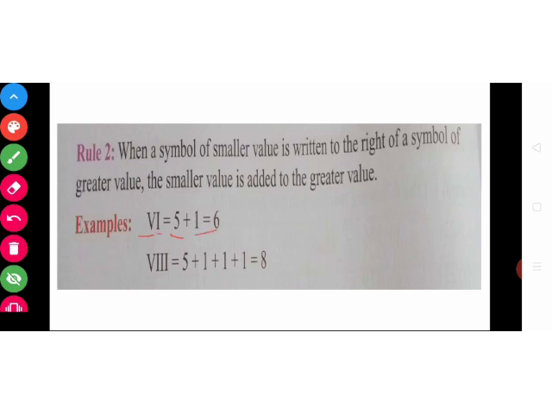Roman number 1 represents the number 1. So 5 plus 1 is equal to 6. And then Roman number 5 and then Roman number 1 repeated 3 times. And then 5 plus 1 plus 1 plus 1 is equal to 8.